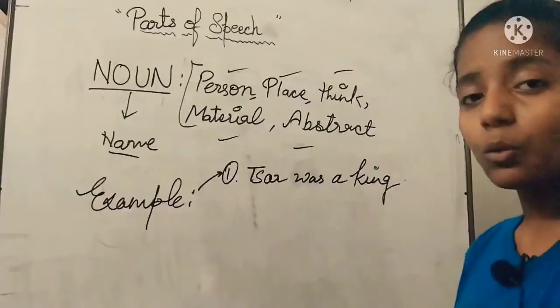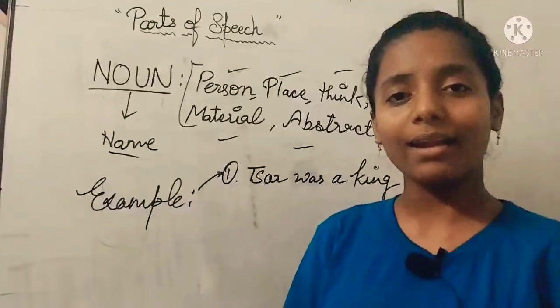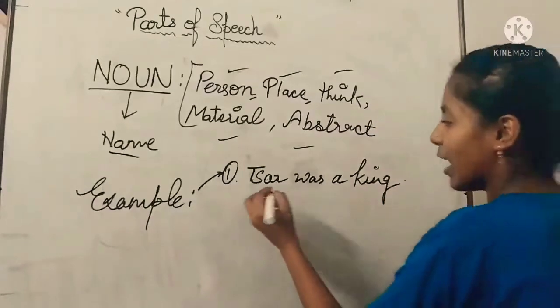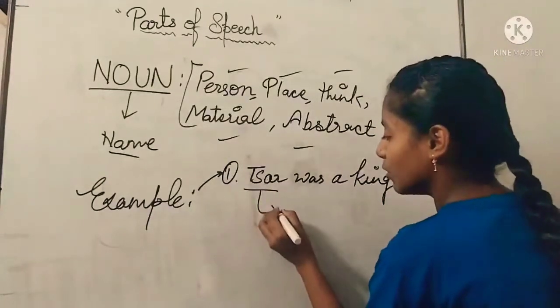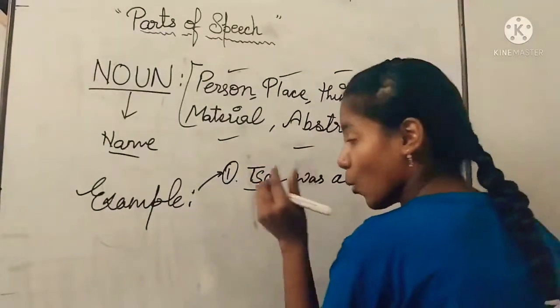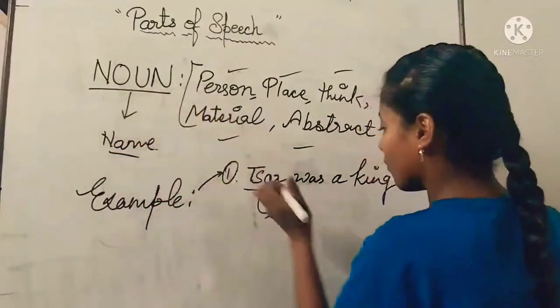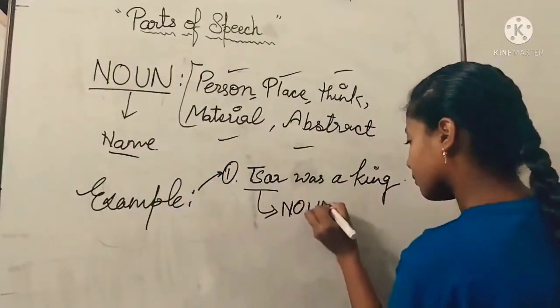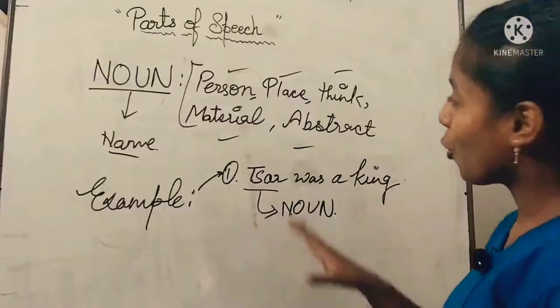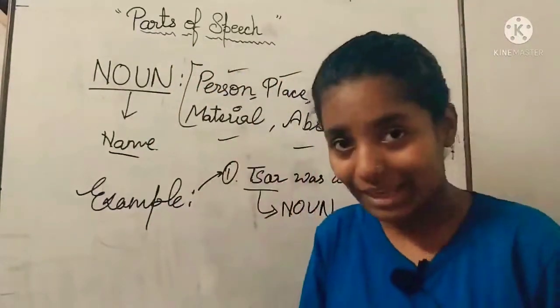So you will underline the word Czar and say Czar is a word that is a person's name and refers to a noun. Hope this much is clear, the gist of noun.